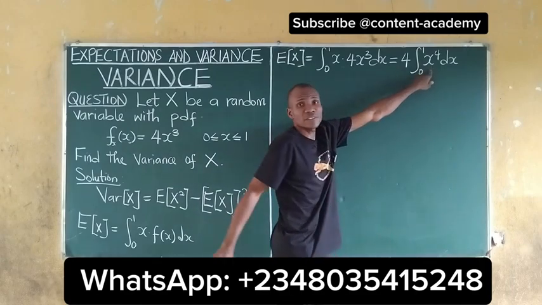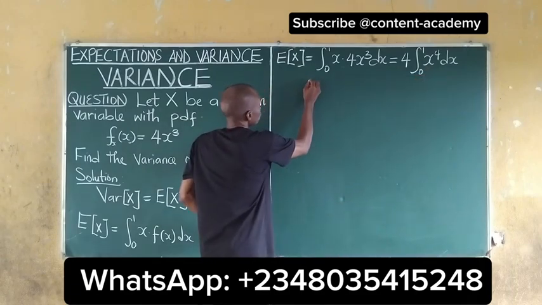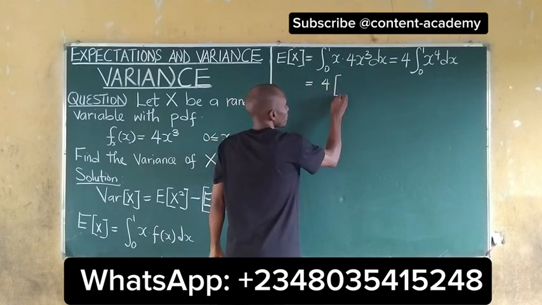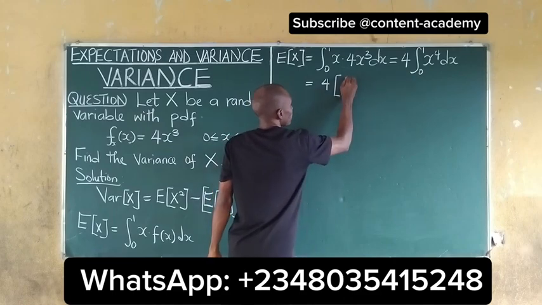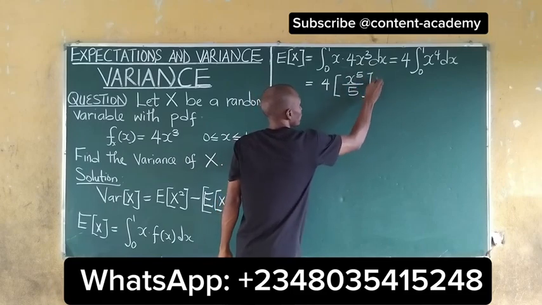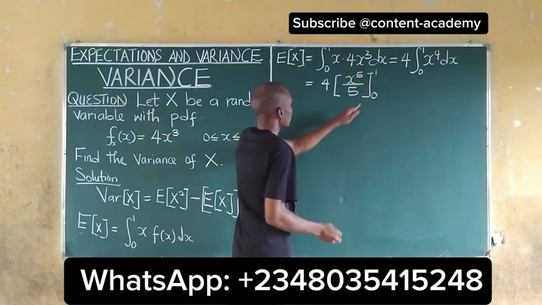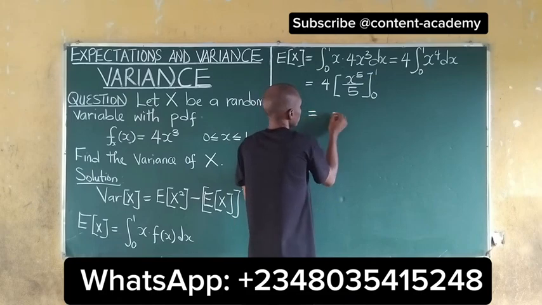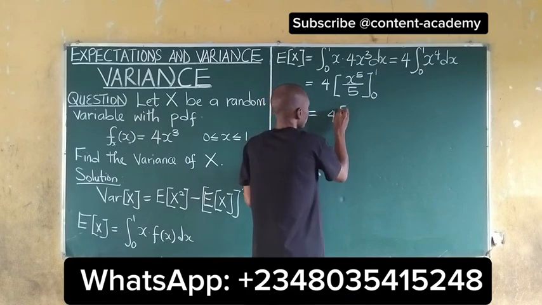Now we integrate this, which is equal to 4 multiplied by x raised to the power of 5 all over 5. Then we put our range.